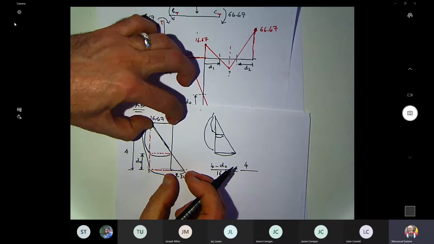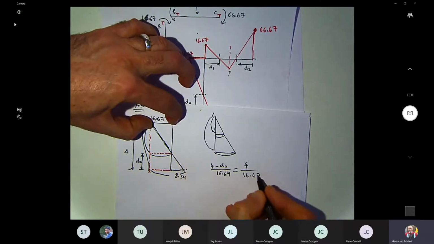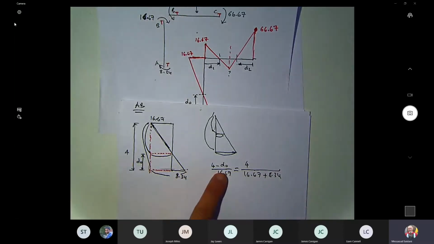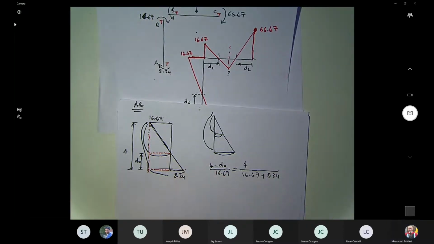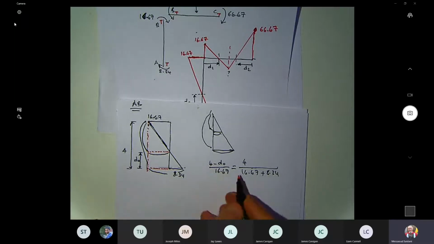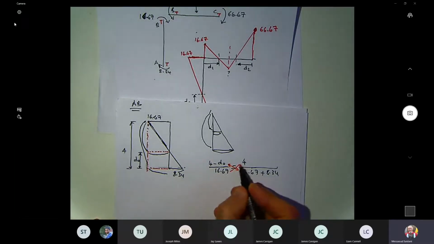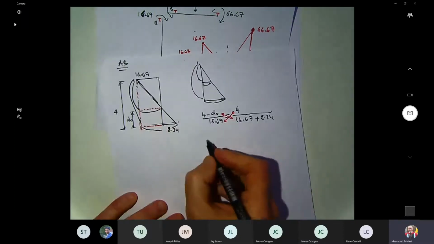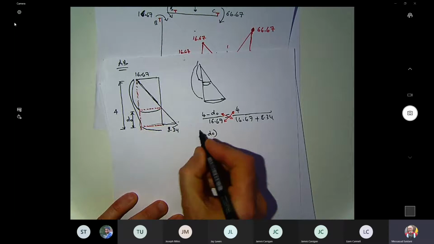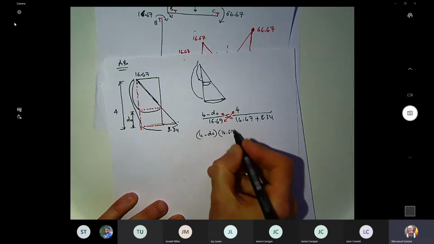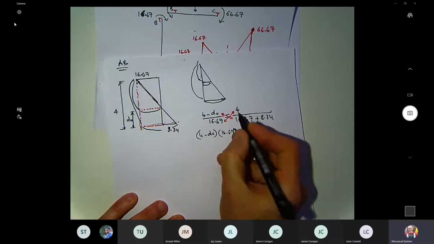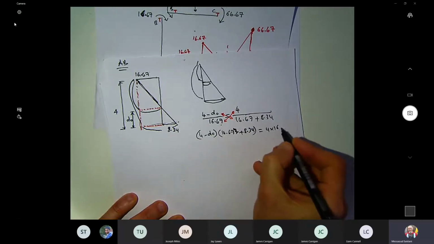Exactly, together. So 16.67 plus 8.34. And that's it. We have one unknown in this equation that we now need to resolve. You solve by multiplying across, that's the rules of fractions. So we've got 4 minus D0 times 16.67 plus 8.34 is equal to 4 times 16.67.